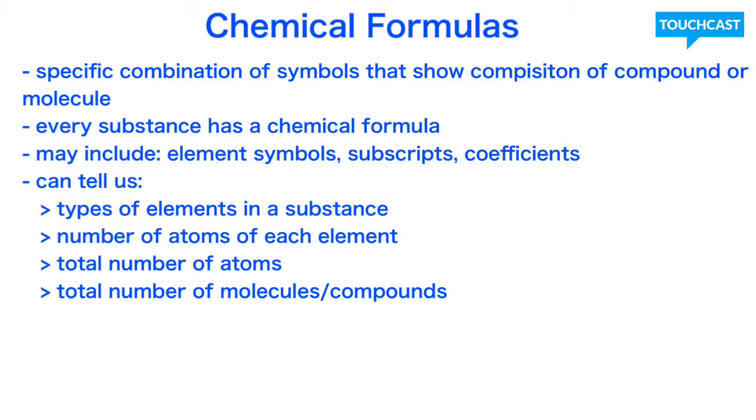So a chemical formula is a combination of symbols that shows us the composition or makeup of a compound or a molecule. Every single substance has a chemical formula, and it can include elements, symbols, subscripts, and coefficients.